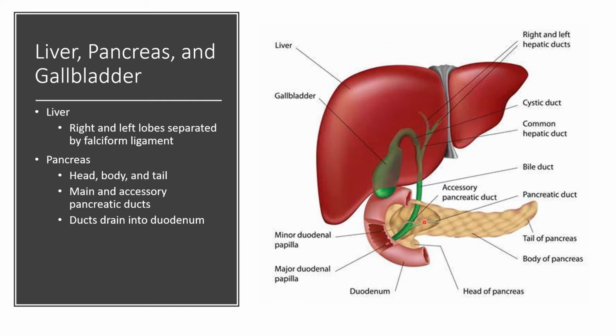There's a head, there's a body, and then there's a tail. We have the main pancreatic duct, which joins the common bile duct to drain through the major duodenal papilla, the ampulla ovata, and we have the accessory pancreatic duct, which drains out the minor papilla. Both of these ducts eventually drain into the duodenum.